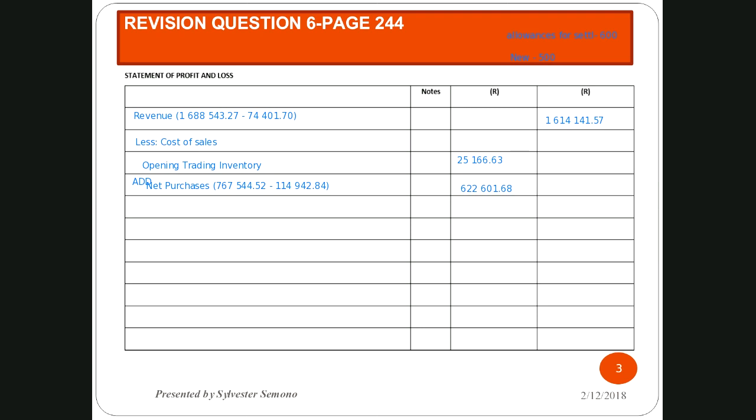So if we go and check on page 245, let's try to find those related costs to purchases. I think we have railage inwards. Yeah, that railage inwards is the same as the railage on purchases or transport on purchases.